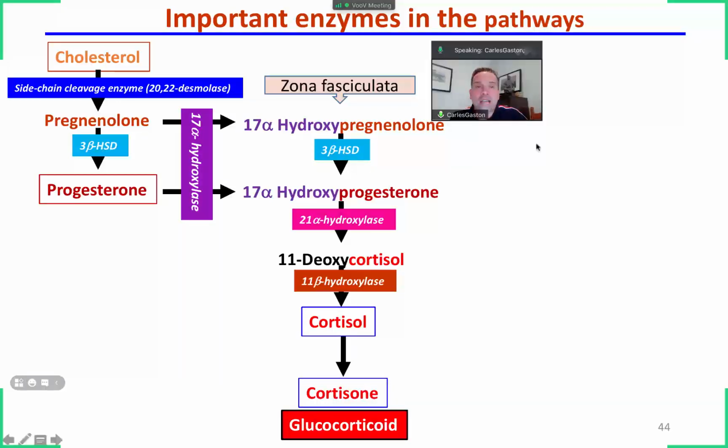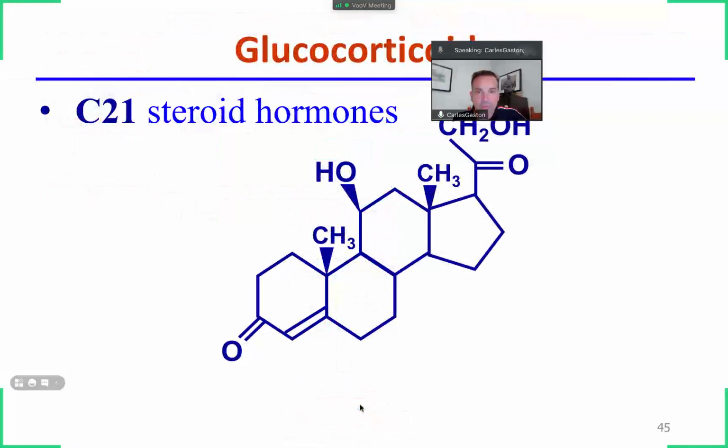Now, important enzymes in the pathway. As we said, the side chain cleavage enzyme converts cholesterol into pregnenolone, and then 3-HSD beta converts it to progesterone. Then this one here, 17 alpha hydroxylase, gives in the zona fasciculata these two components, and then it gives rise to cortisol and cortisone.